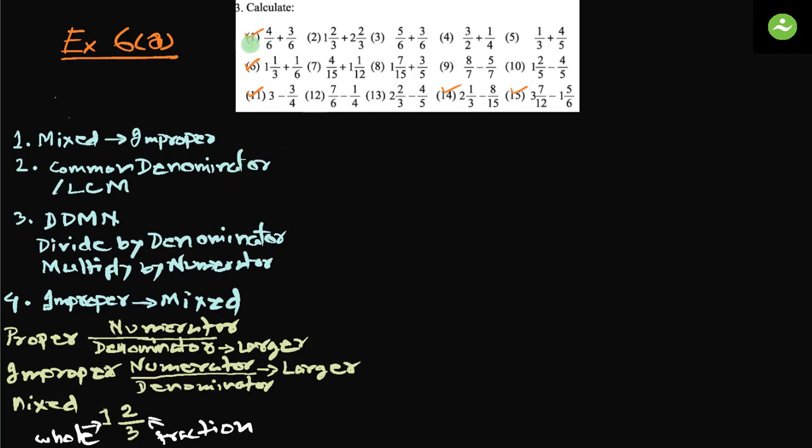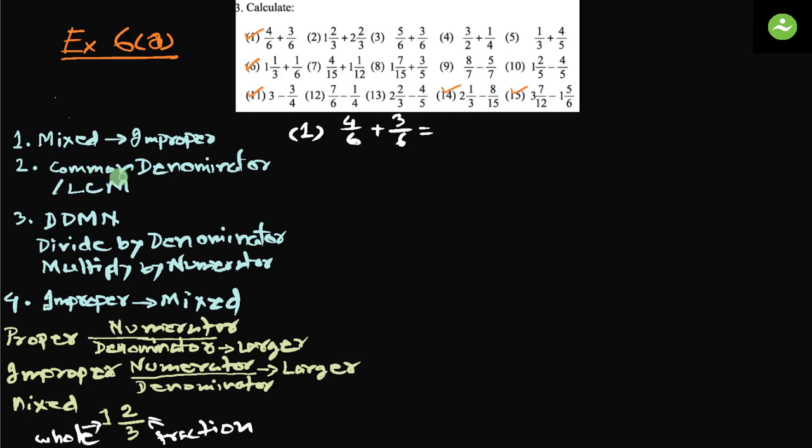Okay, now let us start with number 1. 4/6 plus, actually we should call 4/6, not 4 by 6. So how we pronounce it? 4/6. Okay, 4/6 plus 3/6 equals to, here we don't need to change any mix, there is no mixed fraction, so let us forget about step 1.